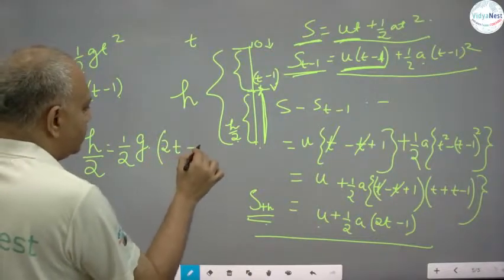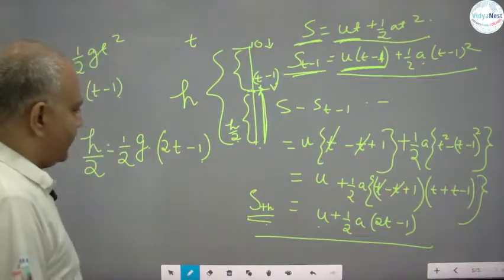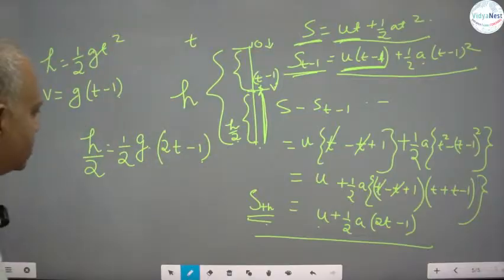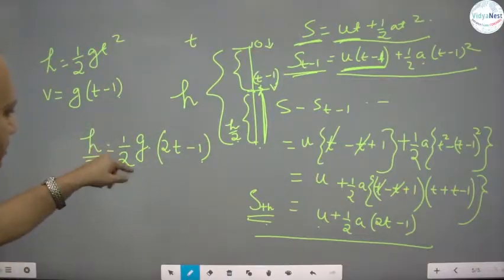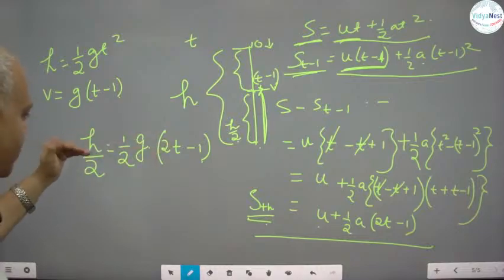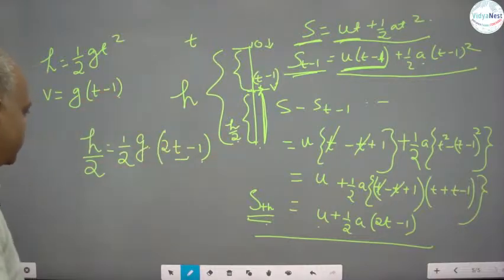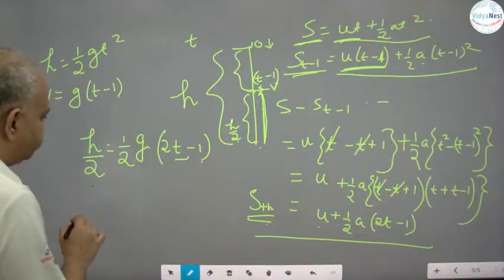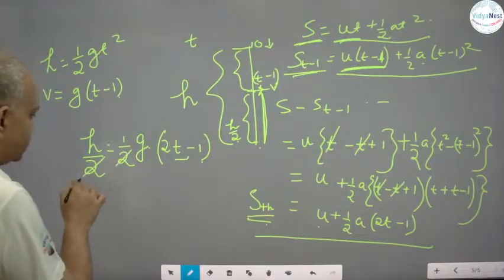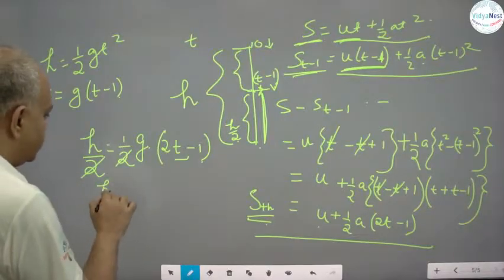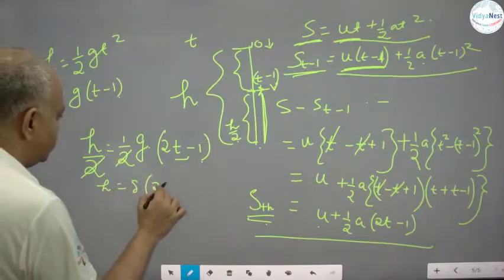2t minus 1. If the h is given, we can use this expression to find the total time of flight for this one. So here, this cancelling out, h is equal to g into 2t minus 1.